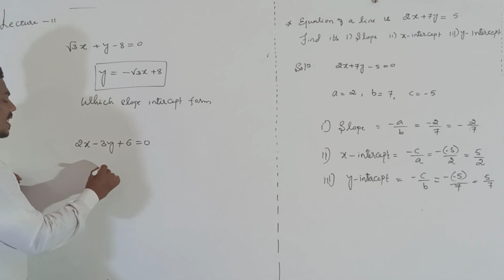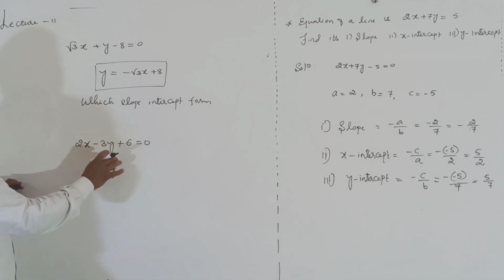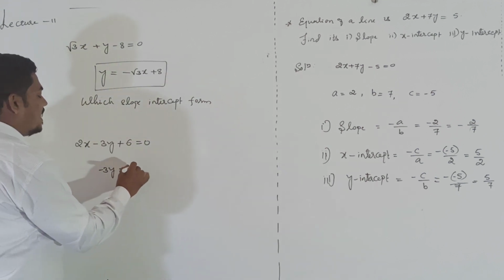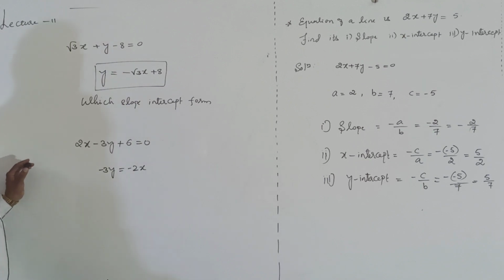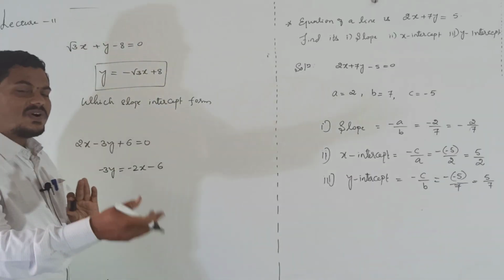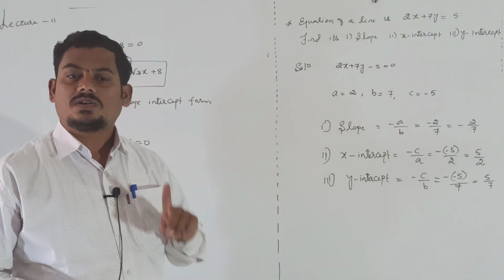For that what do we do? Keep the y term as it is, minus 3y, send the remaining 2 terms to the RHS, then it becomes minus 2x minus 6. It should be in the form of y equal to mx plus c, so the coefficient of y should be equal to 1.